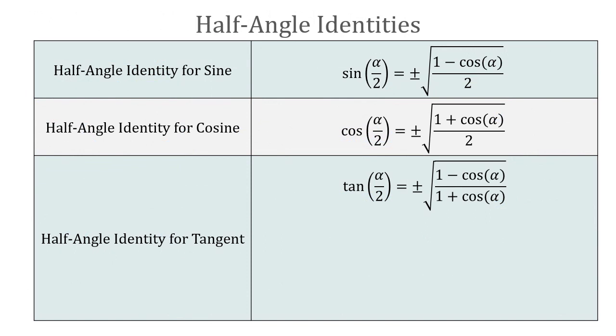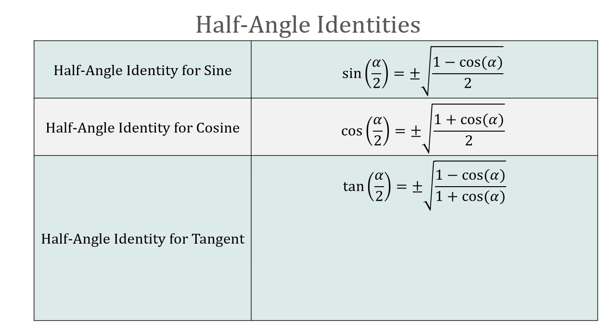So here's a summary of what we just derived. The half-angle identity for sine says that the sine of some angle, in this case alpha, over 2 is equal to plus or minus the square root of, in the numerator, 1 minus the cosine of that angle all over 2.